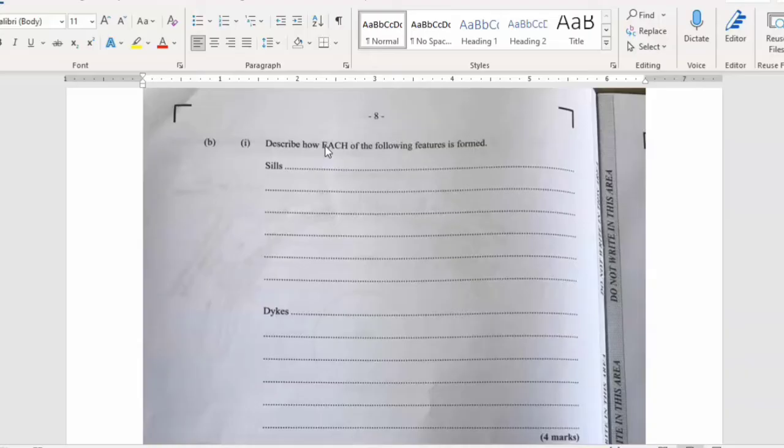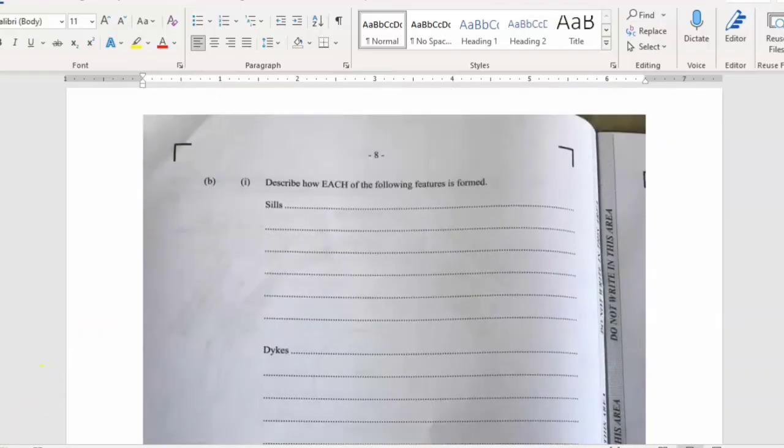Dikes are diagonal or vertical intrusions across the bedding planes. They basically form vertical walls of magma, right? Dikes are formed when molten magma flows upward through near vertical cracks towards the Earth's surface and cools to form a sheet-like igneous intrusion that we call a dike.